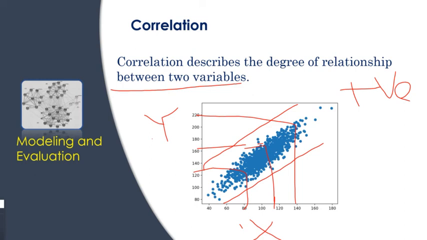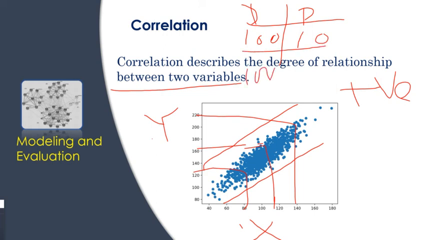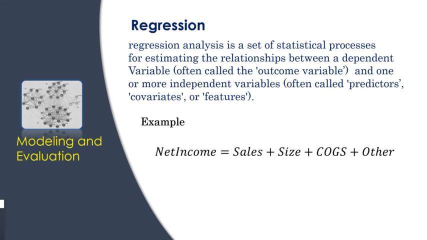Let's have an example. Say there is a correlation between price and demand. If the demand is 100 units, the price would be, say, 10. If the demand is 1000 units, the price would be higher. Can you see that? Price increases as demand increases, so they are normally positively correlated.